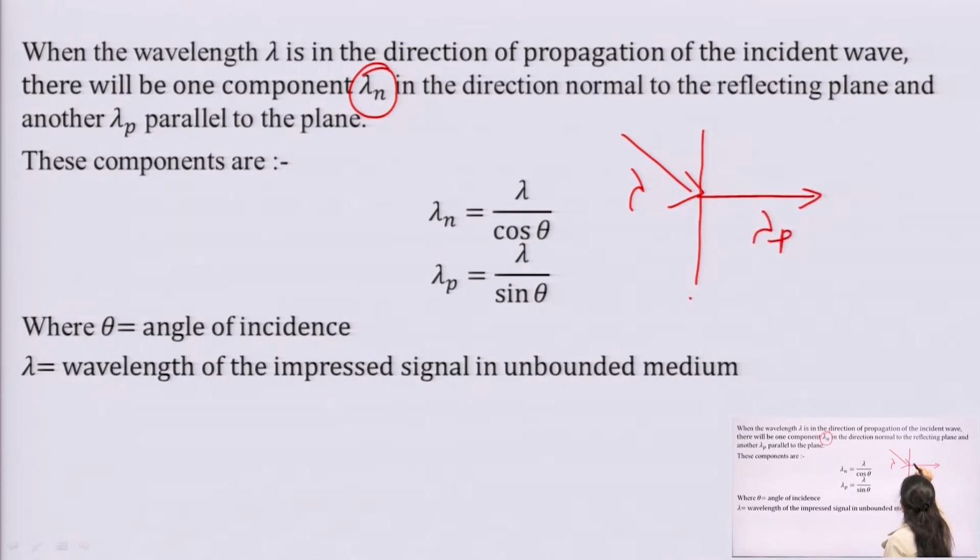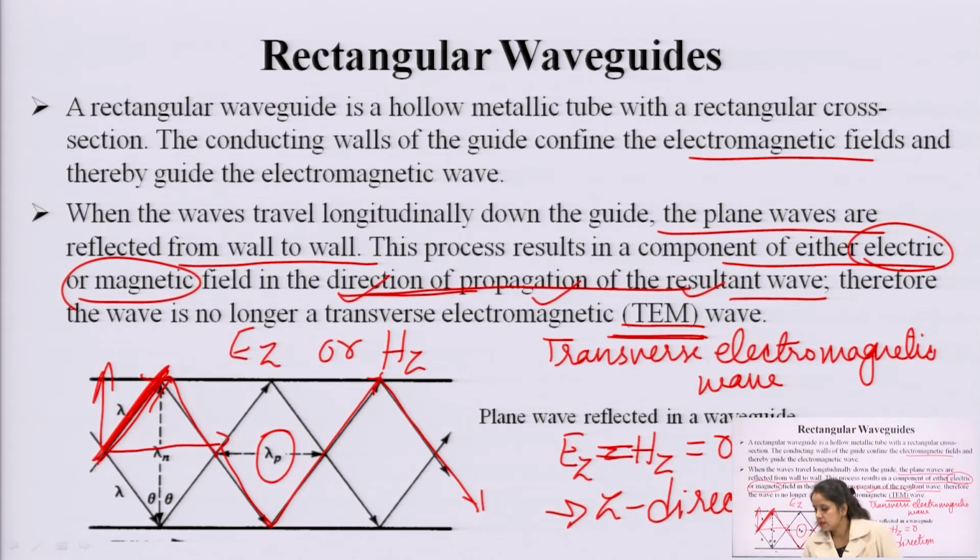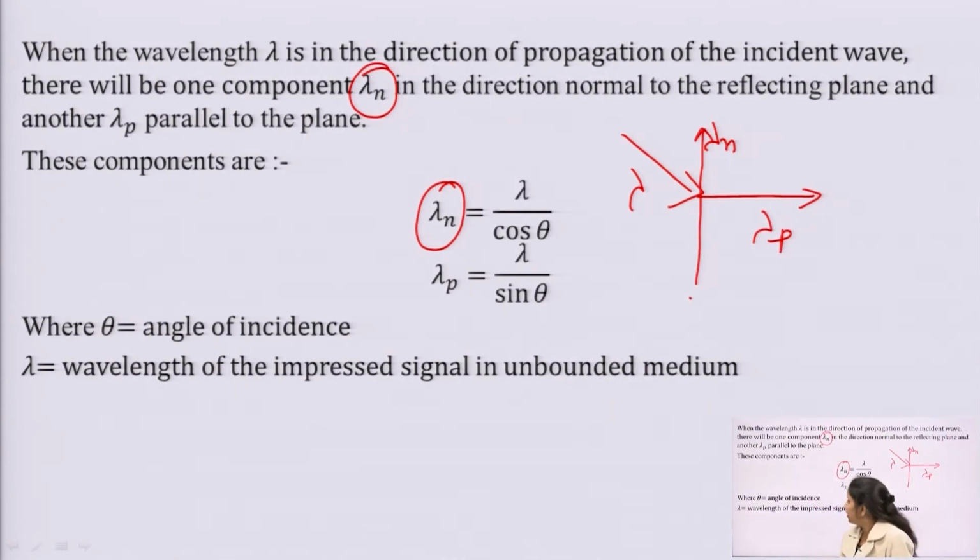Now lambda n can be written as lambda upon cos theta, where theta is the angle of incidence, and lambda p is equal to lambda upon sin theta.